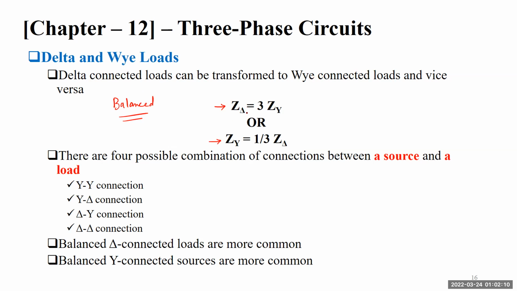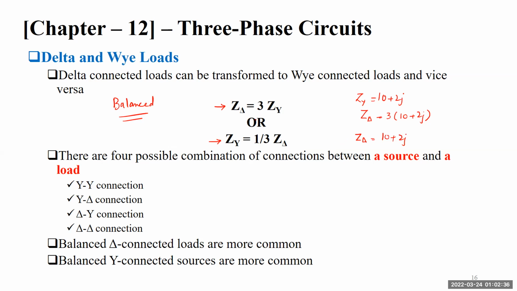So if, for example, you have 10 plus j2 as your ZY, your Z delta will be 3 times 10 plus j2. And similarly, if Z delta is 10 plus j2, your ZY is less.